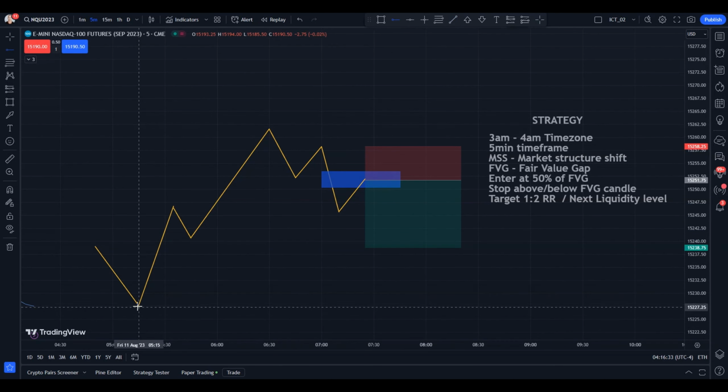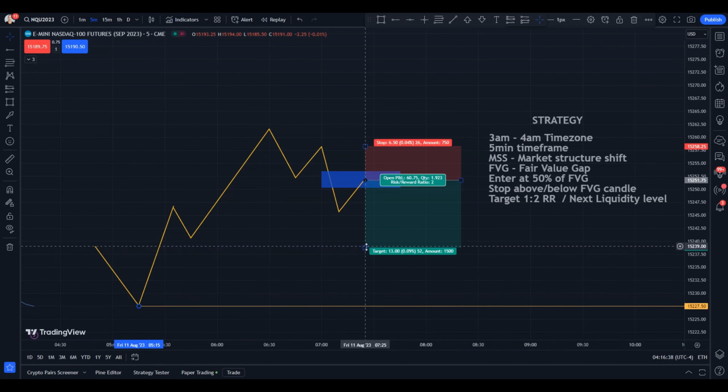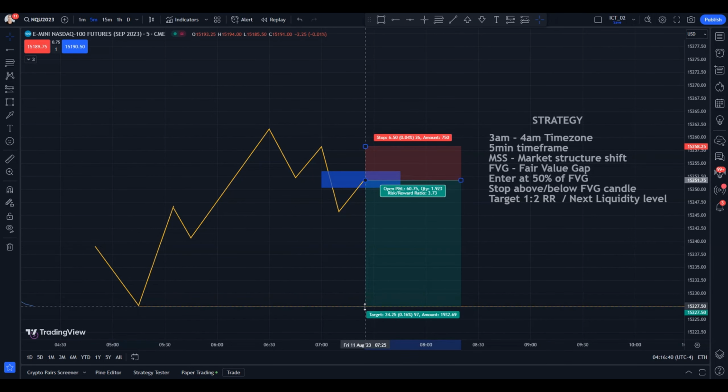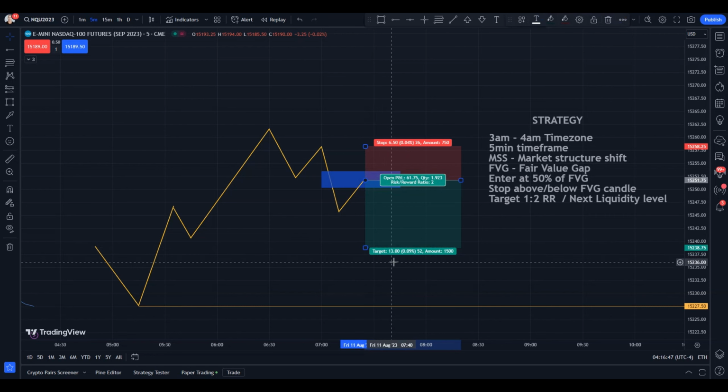This might be a level that formed, so we can always target this level here. But a nice thing to do is go for your 1 to 2, then scale out 50 to 75% of your position, your contracts, and then try to target a higher target or the next liquidity level, and scale out the rest of your position on that.